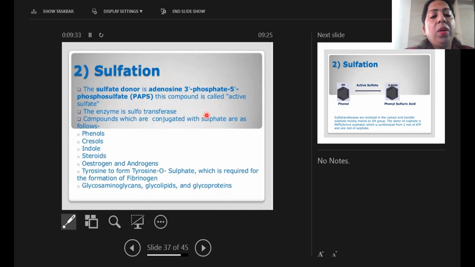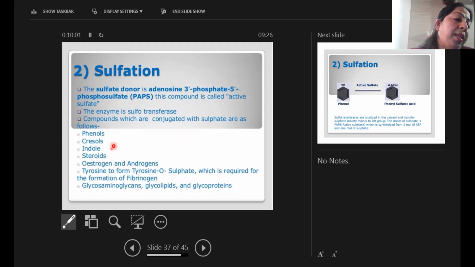The compounds which are conjugated with sulfate are as follows. Phenols can undergo sulfation, cresol, indole, and steroids, and then estrogen, androgens. All these molecules can nicely undergo the sulfation reaction, and these entities, after being sulfated, become more hydrophilic and less active, and they can easily be excreted out of the body.